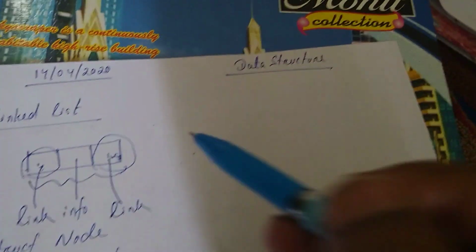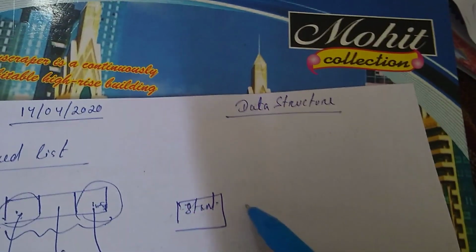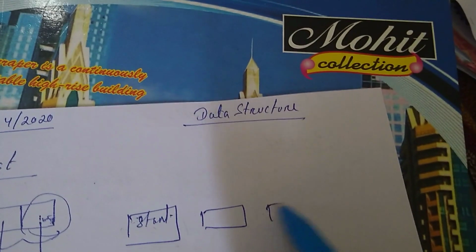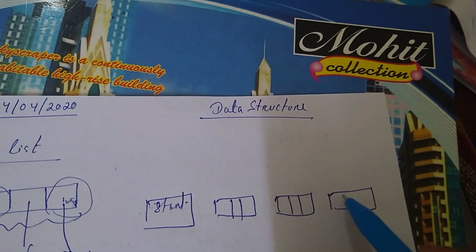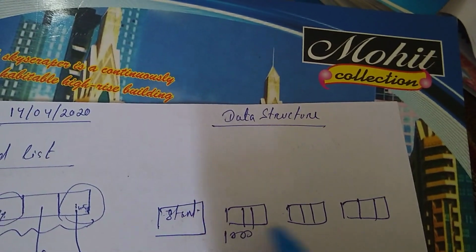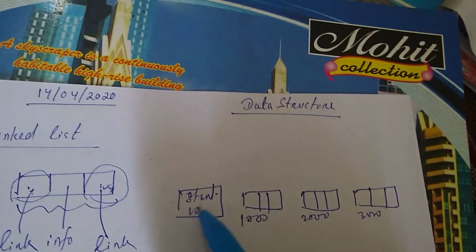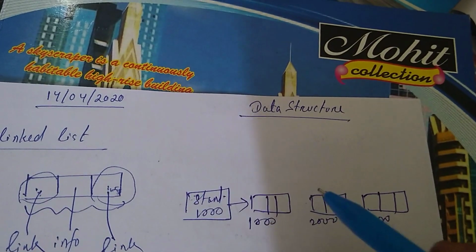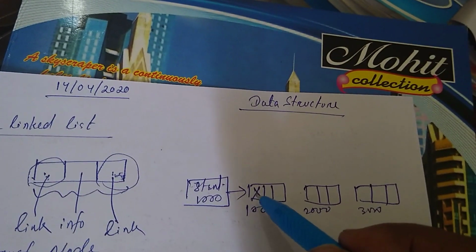A simple double linked list looks like this: start with a number of nodes. Suppose three nodes are there with addresses 1000, 2000, 3000. Start contains 1000, and here it is null because before this node there are no other nodes.